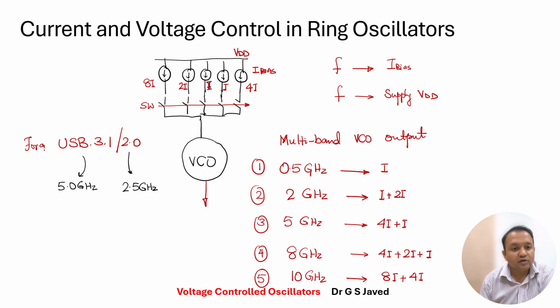In such a case, you can use a single VCO, which can be voltage controlled, within a single PLL loop.